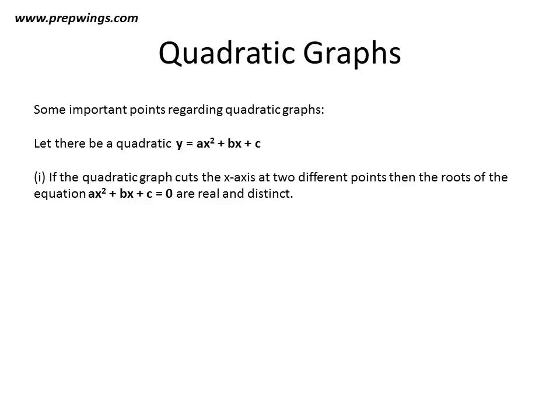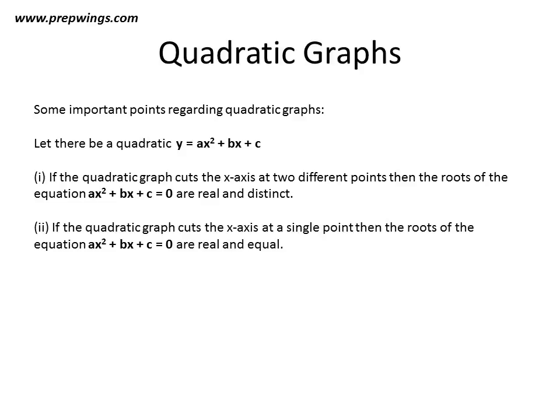Keep in mind, if this graph is cutting the x-axis at 2 points, any point on the x-axis has y equal to 0. That means when y is equal to 0, ax square plus bx plus c is 0, and I will have two different values of x.